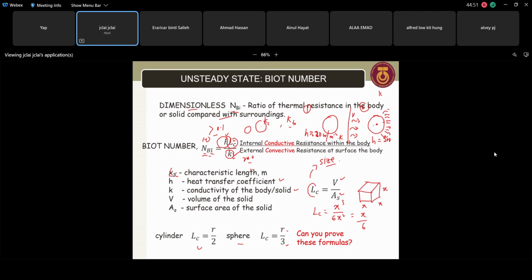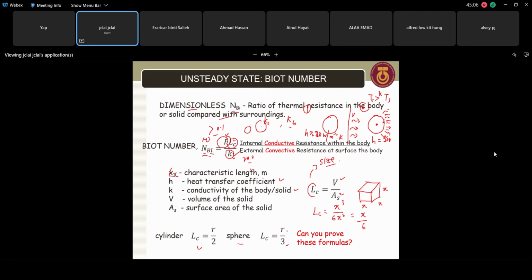So over time, the temperature at the center will be much higher as compared to the temperature at the surface.